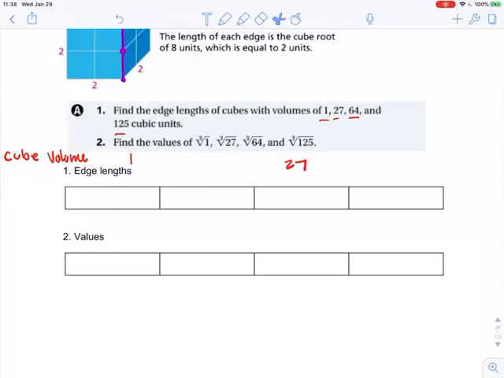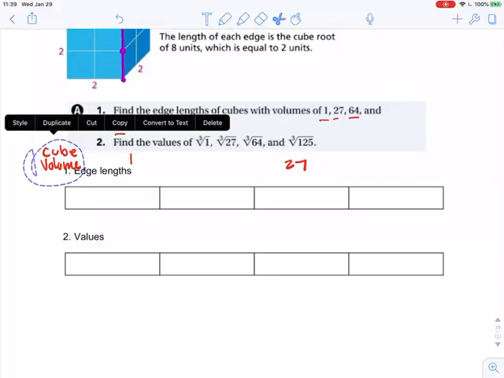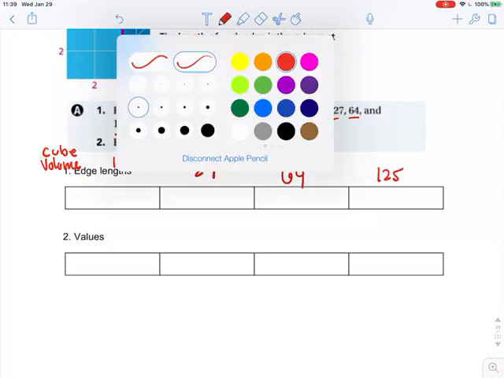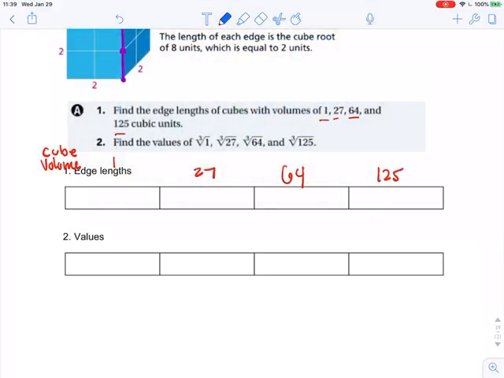Cube volume, and then the 1, 27, 64, and then 125. That means each of the side lengths are going to be the cube root of 1, which is 1, 3, 4, and 5.